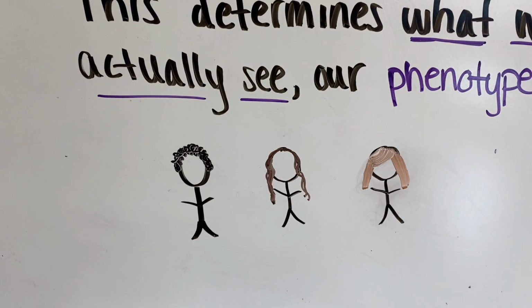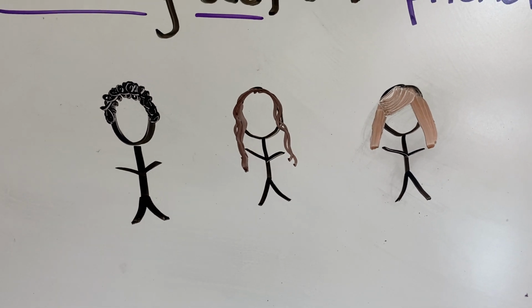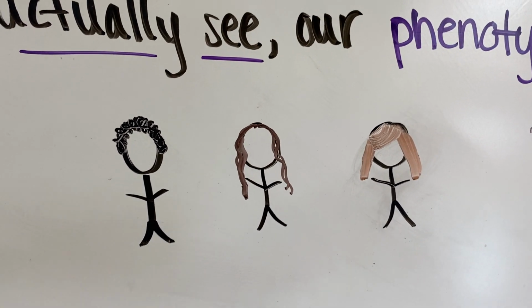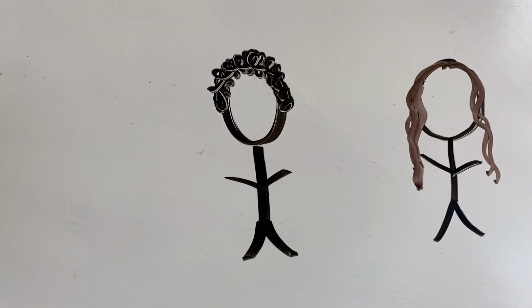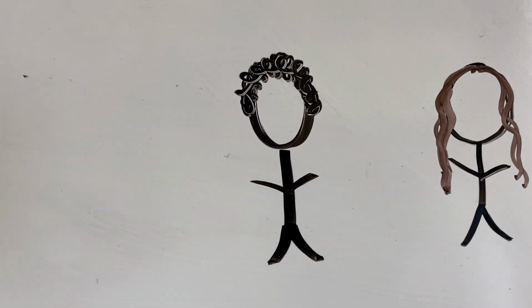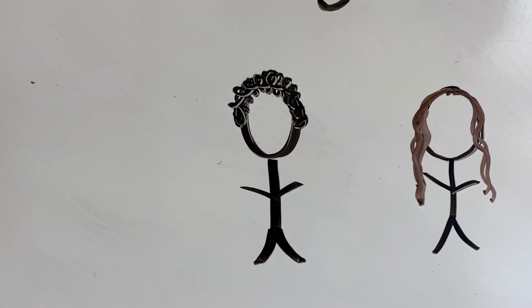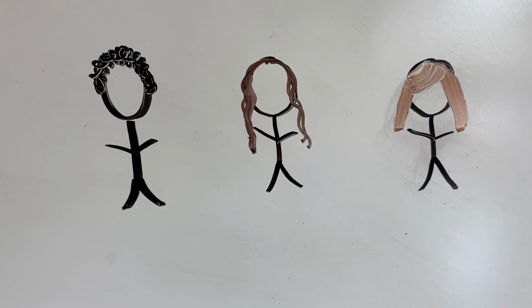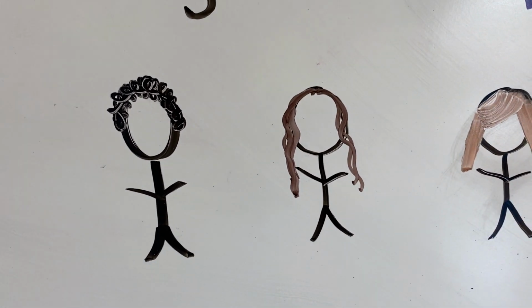So for example, all these different people have different genotypes that's going to give them different hair types. For example, this guy down here, he kind of looks like Dr. Keys. His genotype has short, curly, black hair. This person over here has a different genotype that's going to give her long, curly, brown hair.